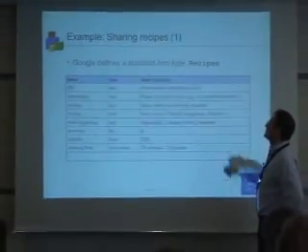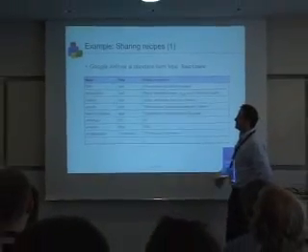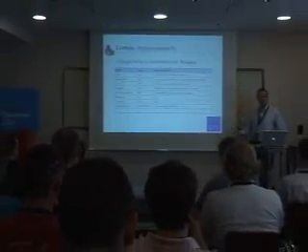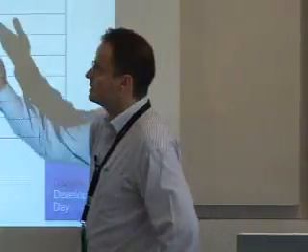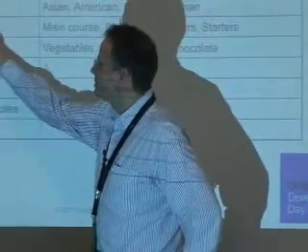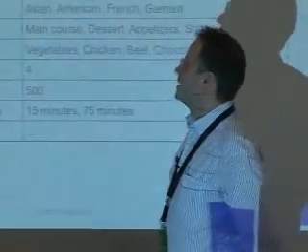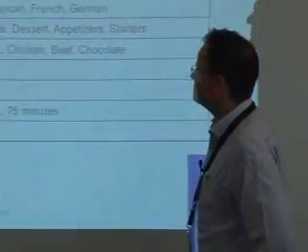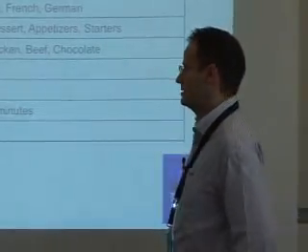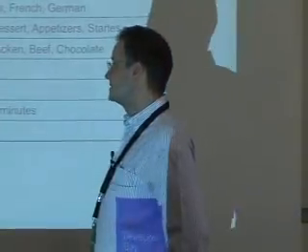For the item type recipes, we are listing a number of attributes that we expect to see in recipes. There's a title, a description, there's an attribute cuisine, course, main ingredient. They're all of type text. Here's some example values that you can use, but you can, of course, enter whatever value you want to enter.